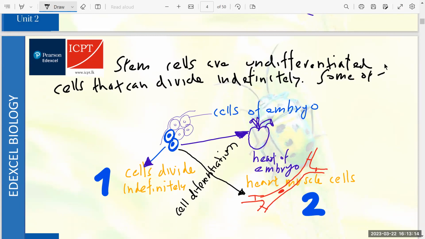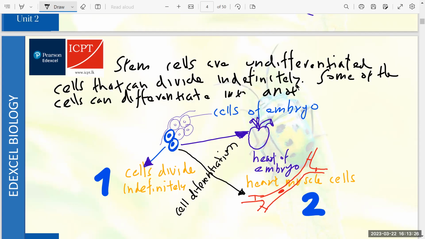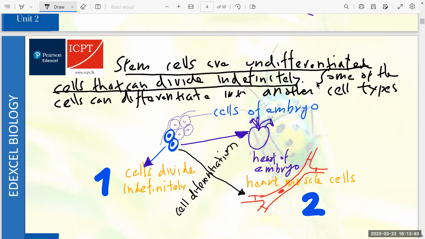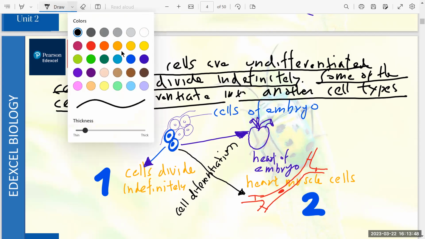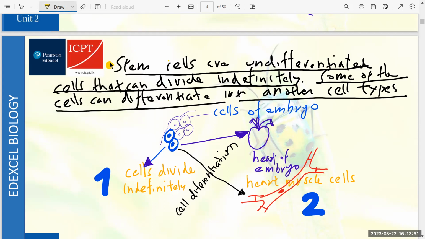And some of the cells can differentiate into another cell types. Now we can define stem cells. Stem cells are undifferentiated cells that can divide indefinitely. Some of the cells can differentiate into another cell type. So this is the definition of a stem cell.